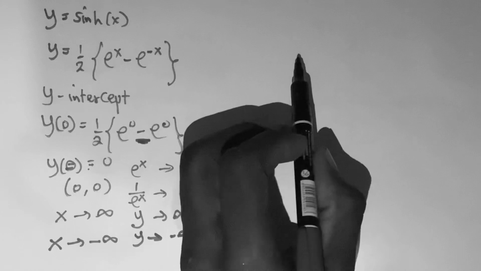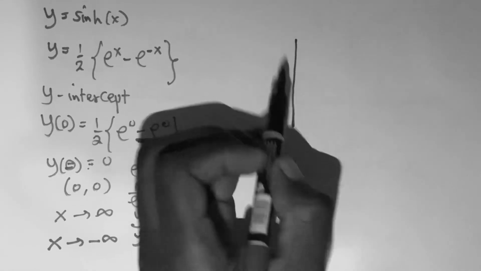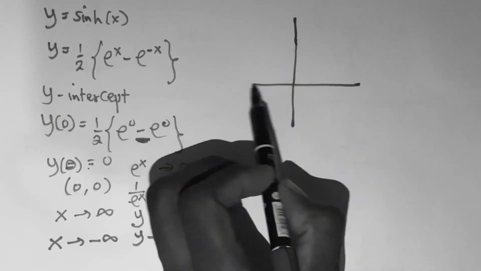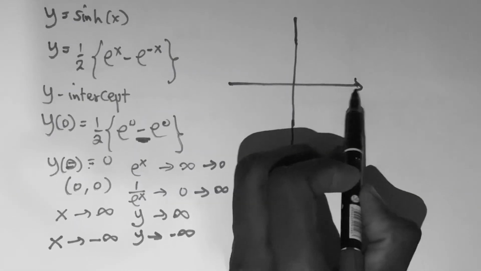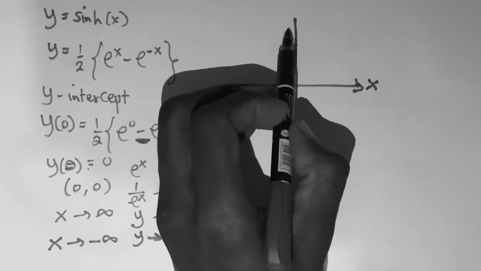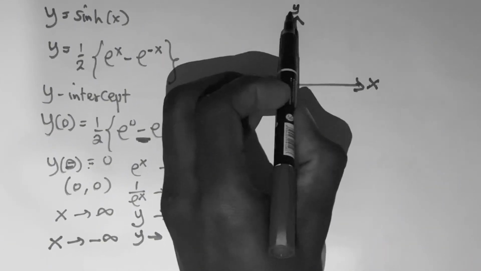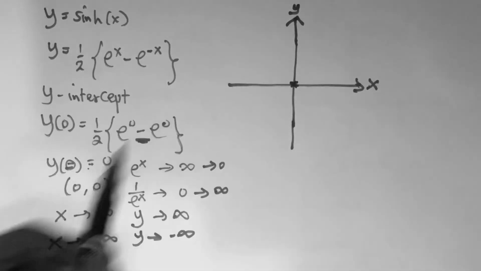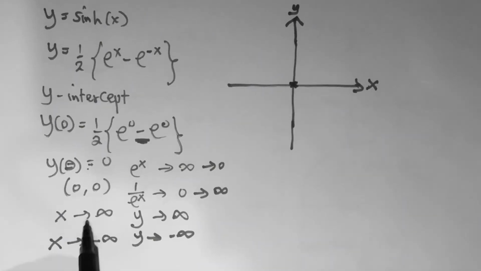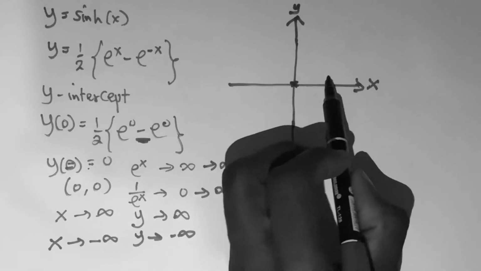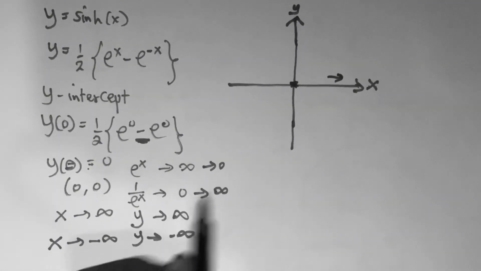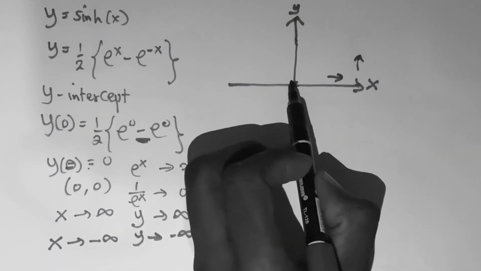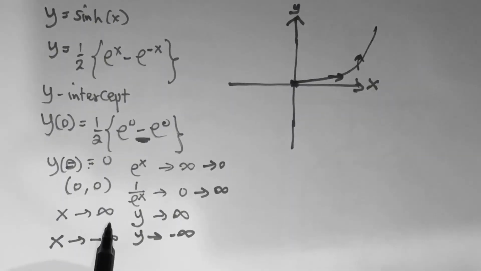Having gotten that, let's go ahead and sketch the curve. So here's x, and this place is y. We know that there is a y-intercept at 0, 0. And as x approaches positive infinity, y approaches positive infinity, so this part of the curve is going to look like this.